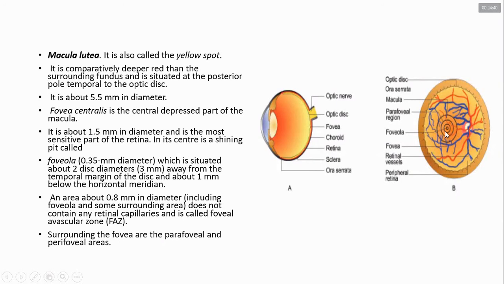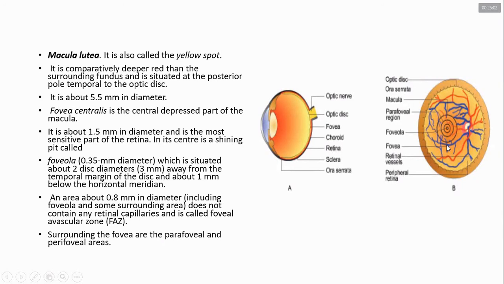So 3 millimeter away from the disc is the fovea, and it is 1 millimeter below the horizontal meridian. If you draw an imaginary line just crossing over here like this, it is just 1 millimeter below this.